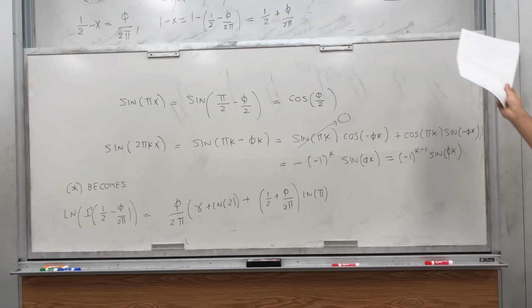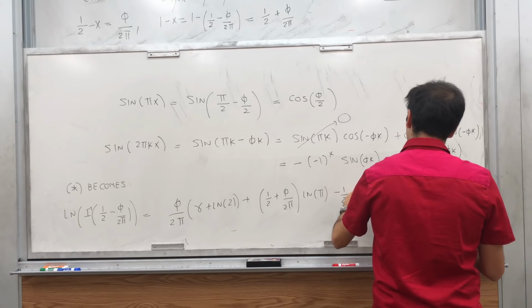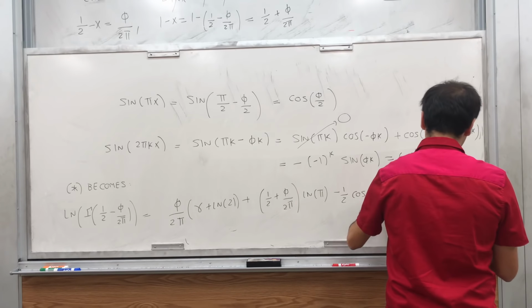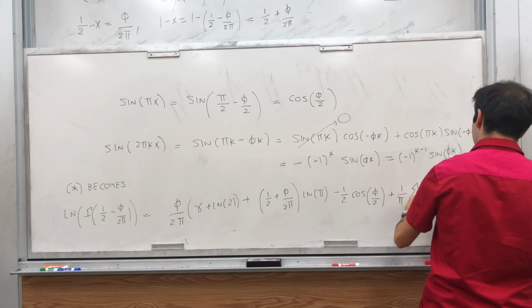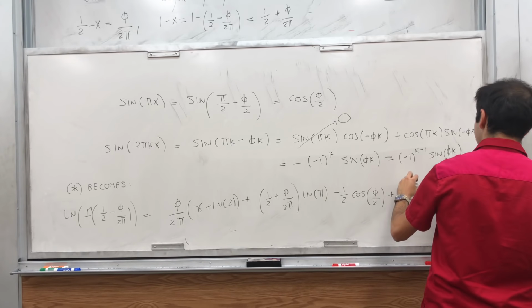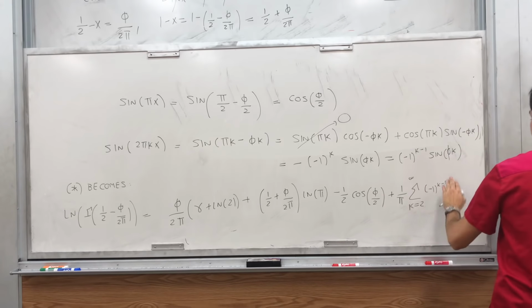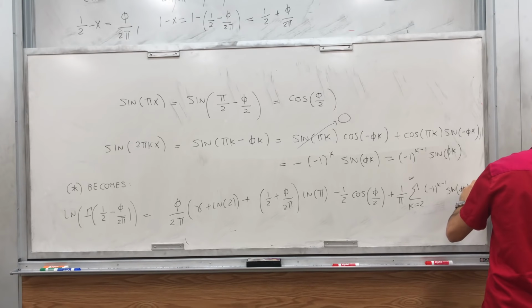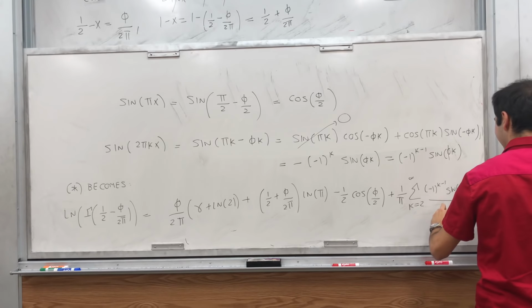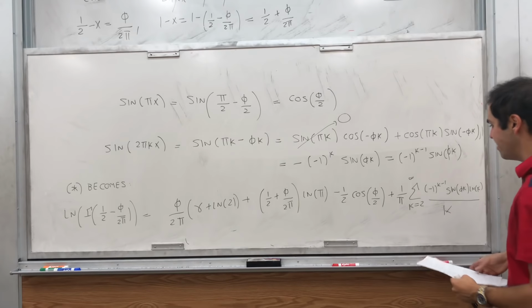And then minus 1/2 ln of sine pi x, so it's minus 1/2 ln of cosine phi over 2. And plus 1 over pi, the sum from k equals 2 to infinity of minus 1 to the k minus 1 sine of phi k, ln of k over k. And this is absolutely amazing because what is this term here? It's precisely b.